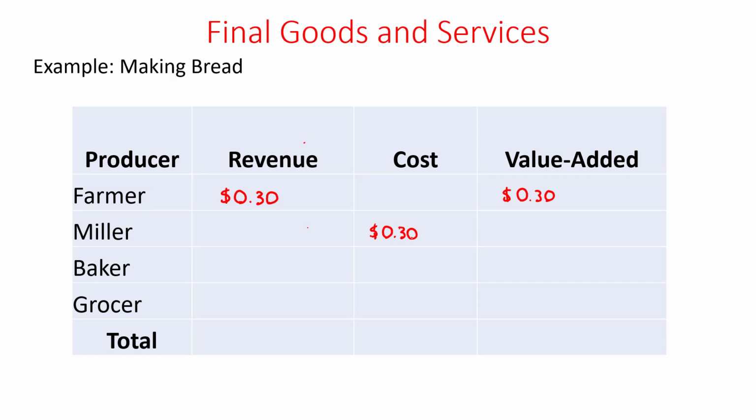So the revenue the miller receives is that 65 cents, right? So how much value did the miller add in terms of this production process? Well, they bought the wheat for 30 cents. They turned it into flour, which they then sold to the baker for 65 cents. So the miller has added 35 cents worth of value.